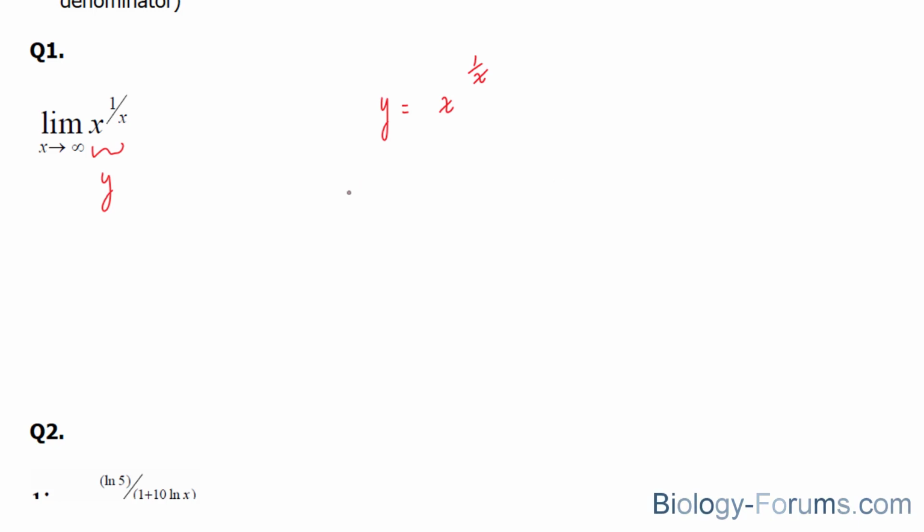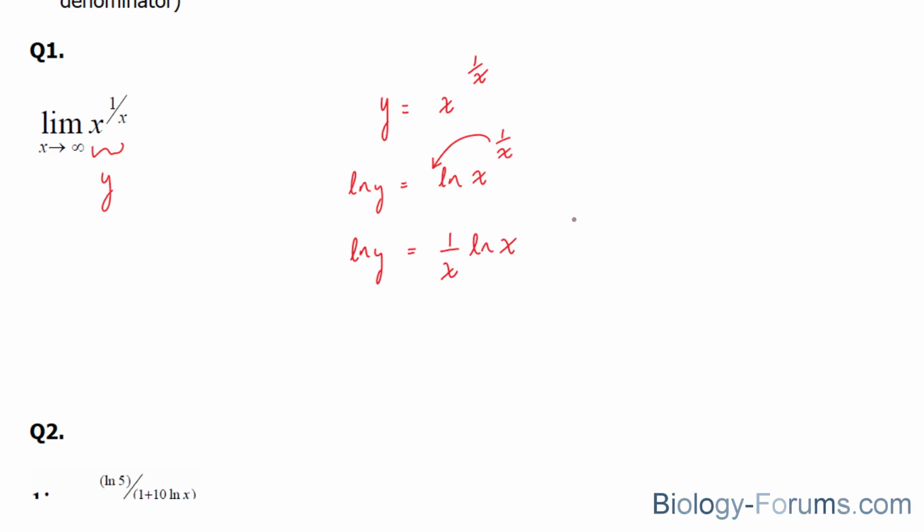Take the natural log. ln y is equal to ln of x to the power of 1 over x. According to the log rules, when you ln a function with a power, this power travels to the front. So you end up with ln y is equal to 1 over x times ln x.